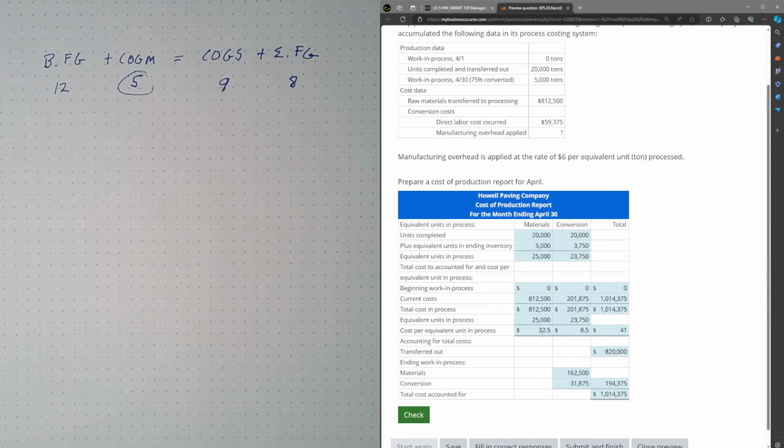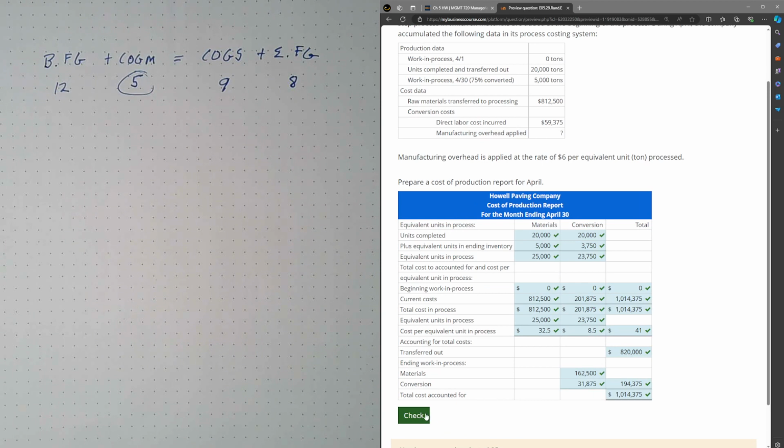Once we applied the equivalent units, we came up with the transferred out or completed units of 820,000. Ending work in process was 194,375. And again, that added up to this. In other words, all we did was transfer the beginning dollars to the ending units and came up with the same dollar amount. So hopefully that checks, and it does check. Okay, that should be all we have going on here.